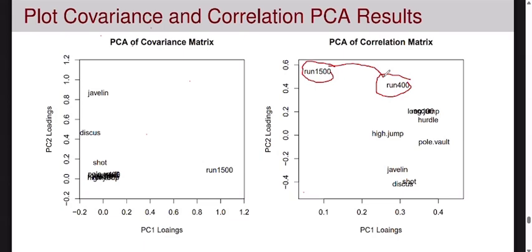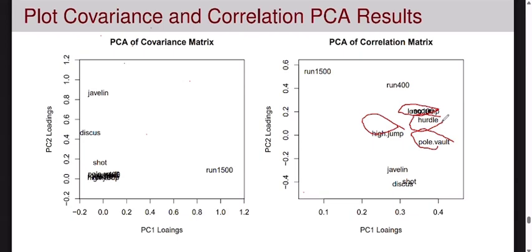So I wanted to take note of that. They load high on PC2, and of course, if you want to see stuff like long jump, the high jump, the pole vault, and the discus.